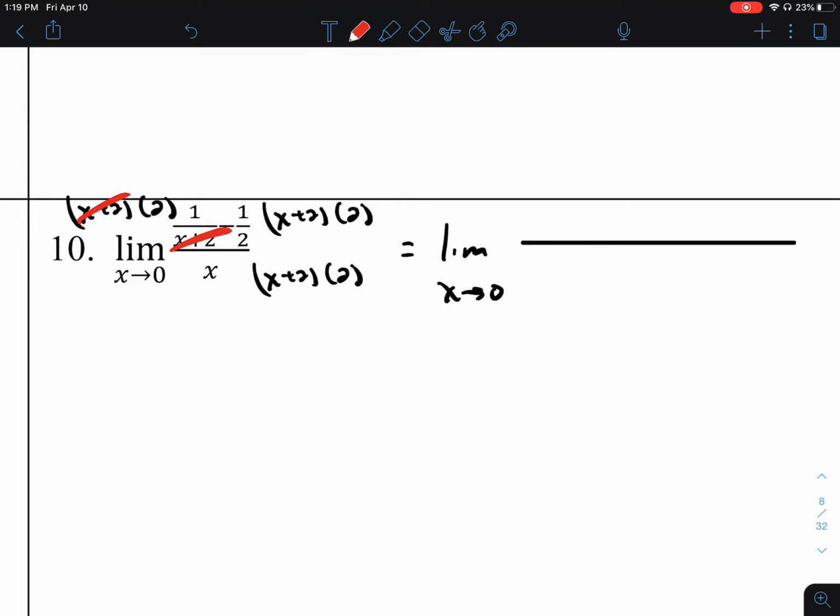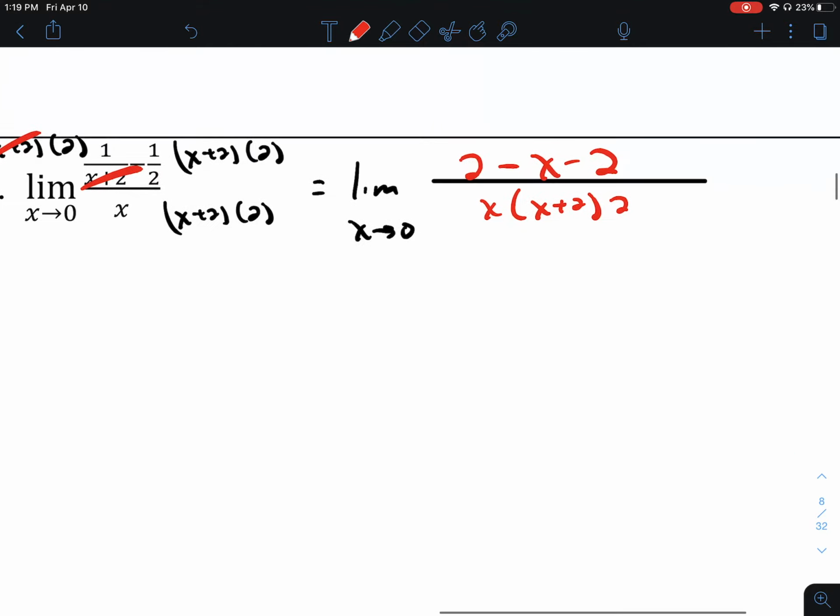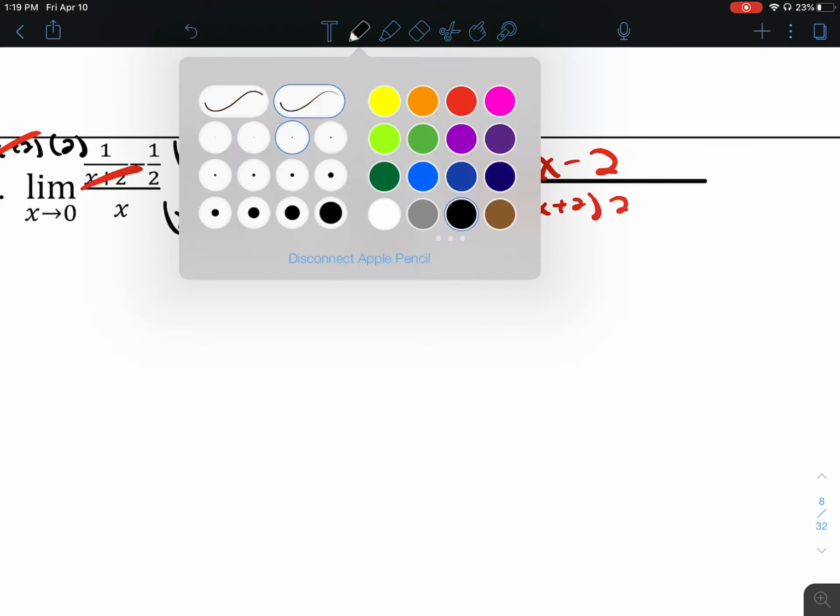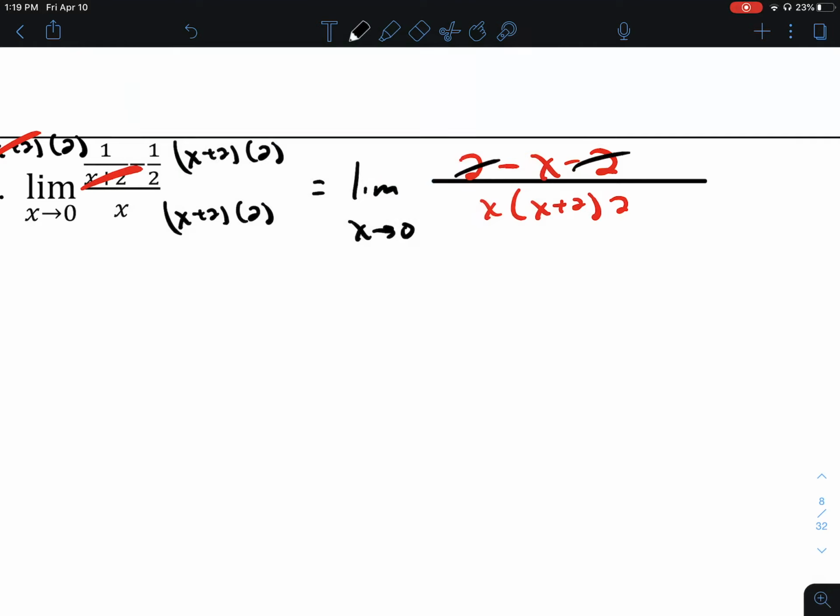This first term, the x plus 2's cancel. You have 2 times 1, which is 2. The second term, the 2's cancel, so you have a minus an x plus 2, which is a minus x and a minus 2. Our denominator, let's not multiply this stuff out because we're not looking for things down there to cancel. A plus 2 and a minus 2 cancels.